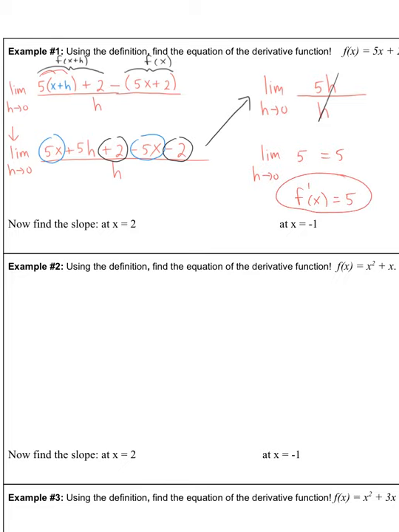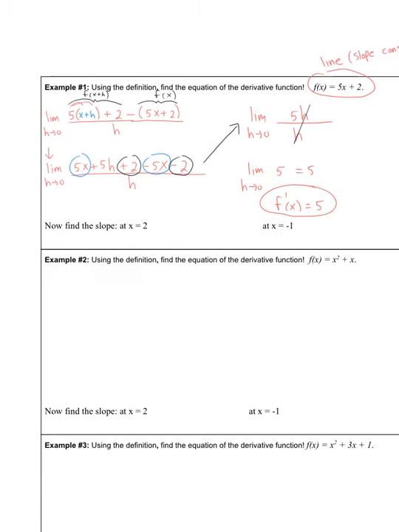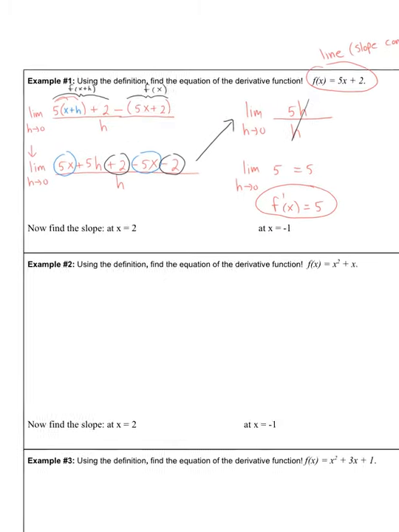All right? Now let's talk about it. It kind of makes sense. My original function up here, that is a line. We know all along a line, a slope is constant because the steepness of a line never changes. So doesn't it make sense that the derivative of this linear function is a constant function? There you go. All right, now we can find the slope of the tangent line at any point.